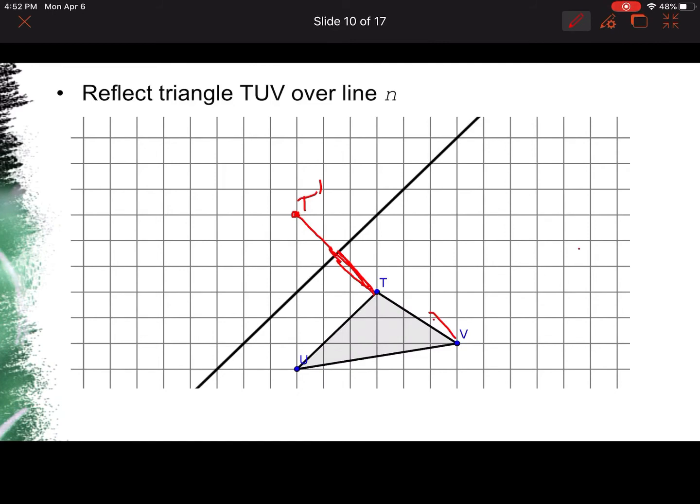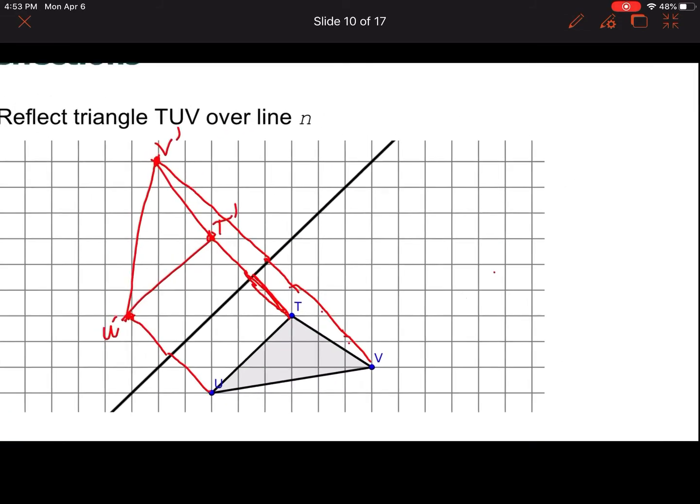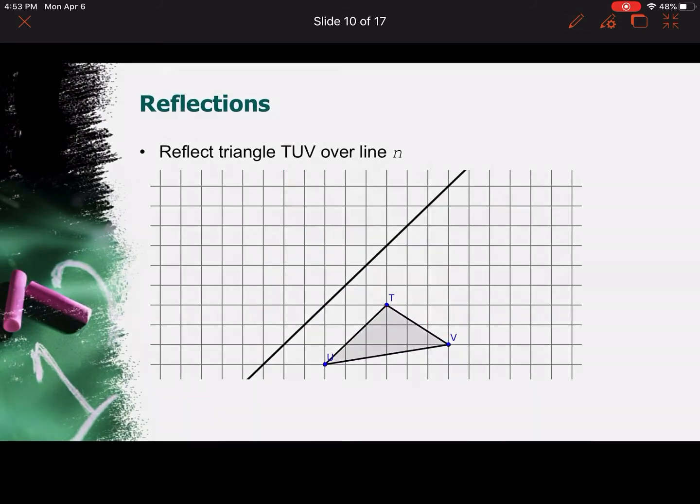This is 1, 2, 3, 4 diagonals. 1, 2, 3, 4. And that is V prime. So there we have our perpendicular.